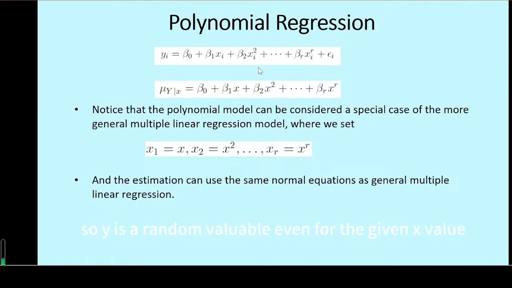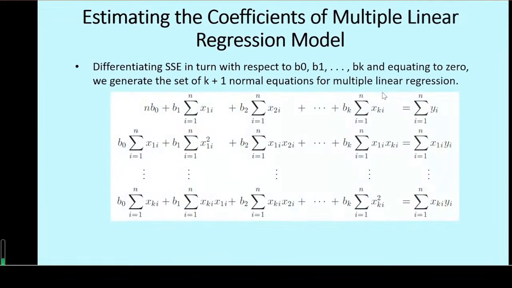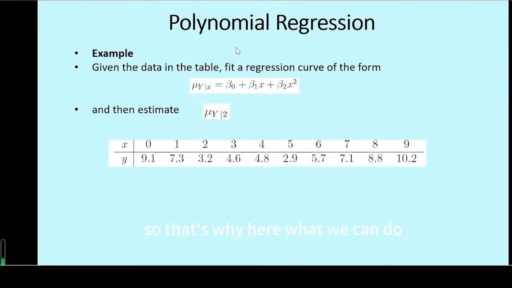So y is a random variable even for a given x value. That's why the fitted model, the linear regression line, is the mean value of y given a fixed value of x, and all we can do is estimate the mean value of y given the x variable.